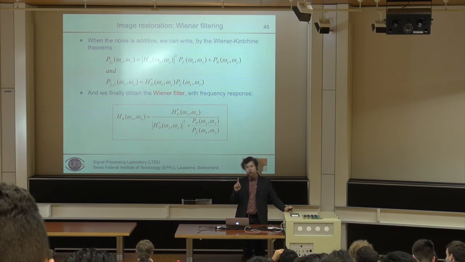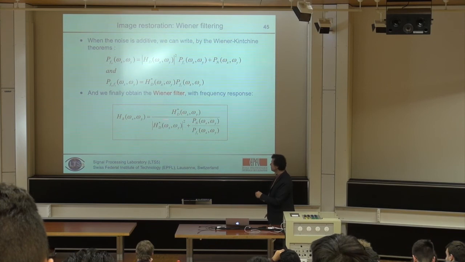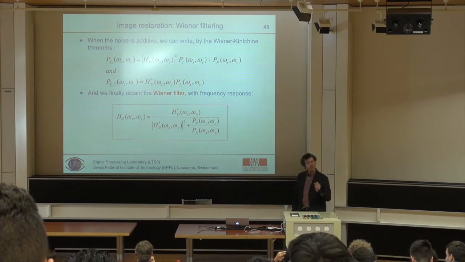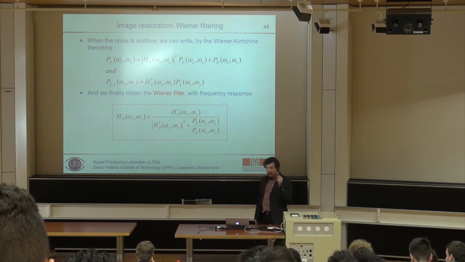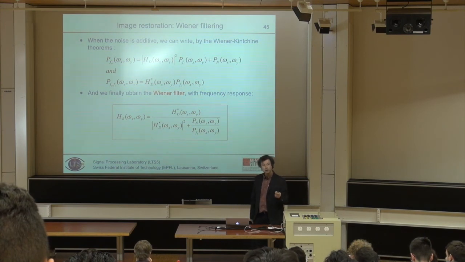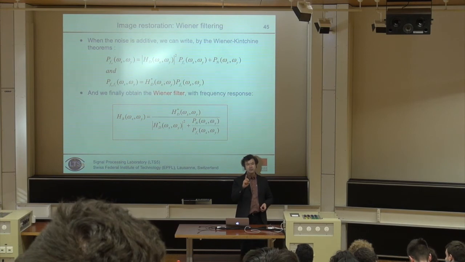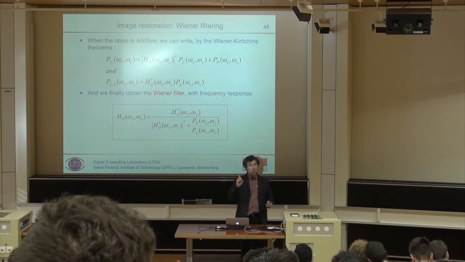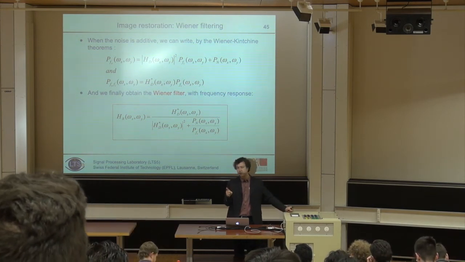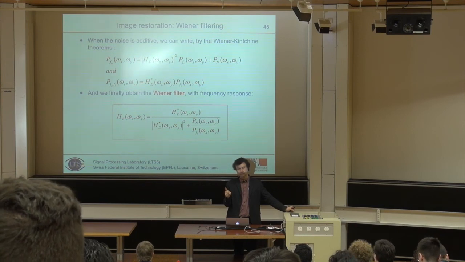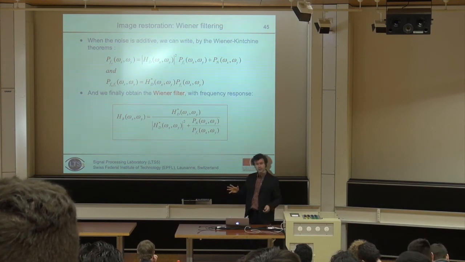And this is where the intuition at the beginning comes back. Look at that expression. It might look a bit complicated to you, but it's very simple. And this is what I expect you to remember, how to interpret that formula. Let's take the simple case where the noise is 0. What is the best restoration filter if the noise is 0? Inverse filter, right?